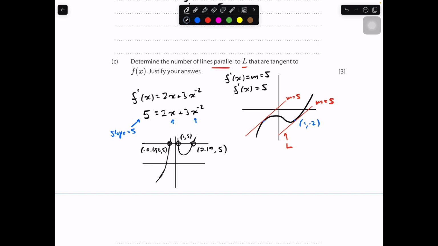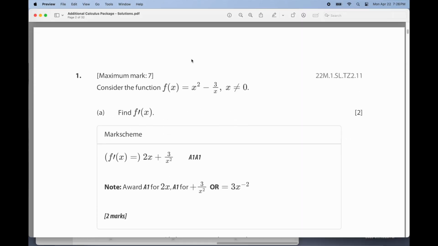Let's have a look at the mark scheme. Just bear with me for 1 sec. Or you can skip ahead, I suppose. Okay, so here it is. Here are our solutions.